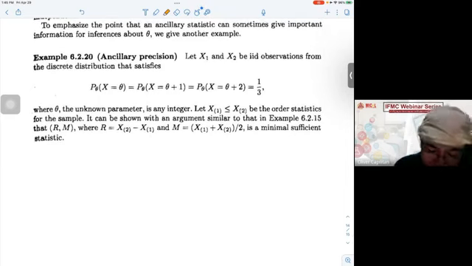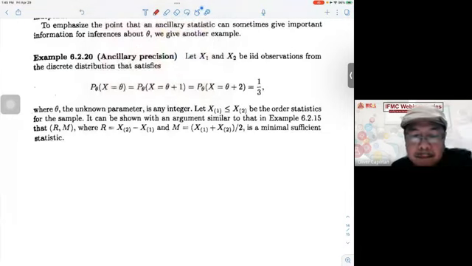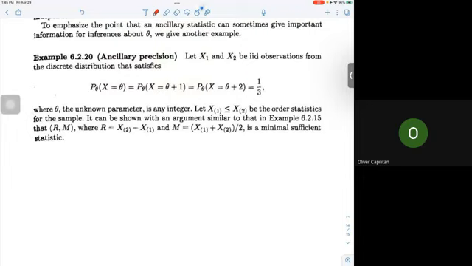Okay, so we have the joint density given our parameter theta.